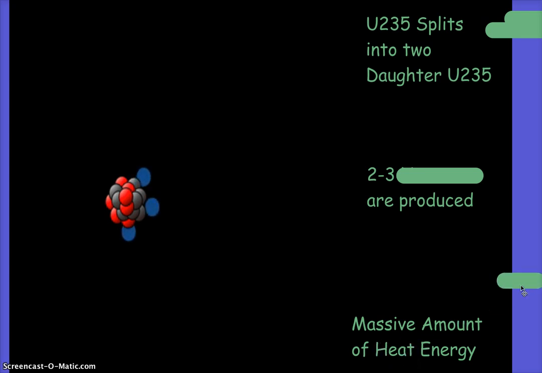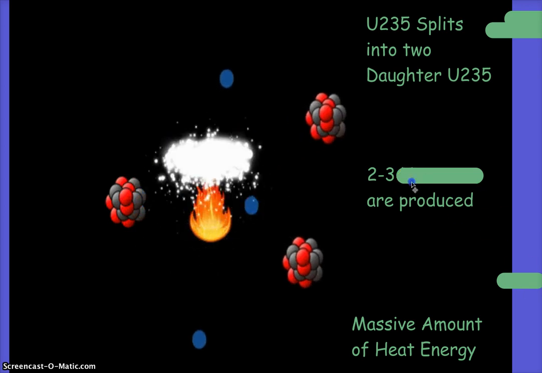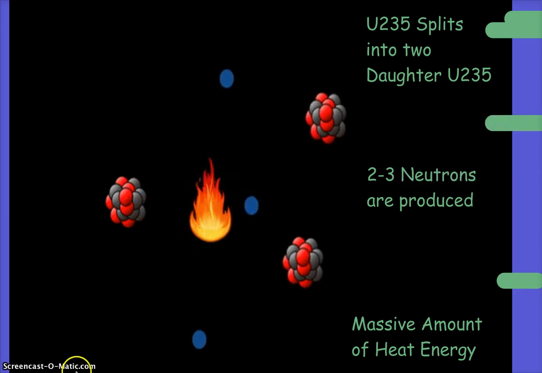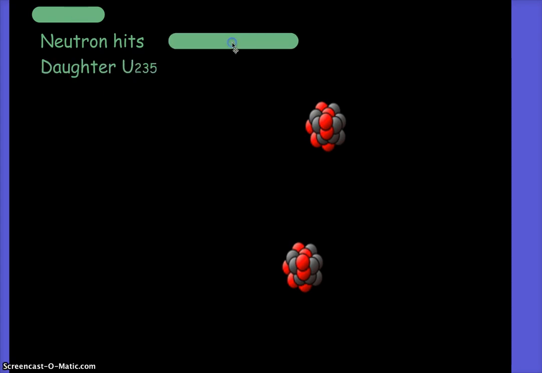What else? Good. Two to three more neutrons are being produced. So after the new neutrons are made, what happens? The neutrons hit the U-235, and what's going to happen?